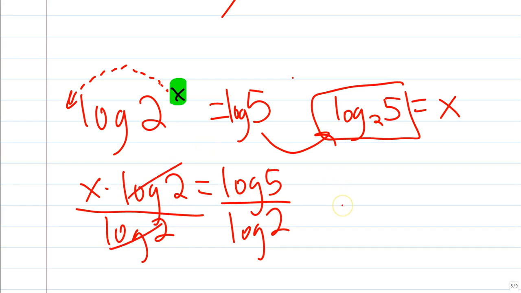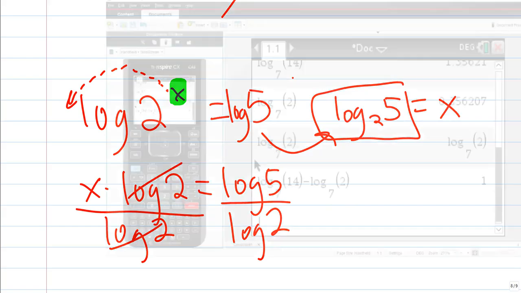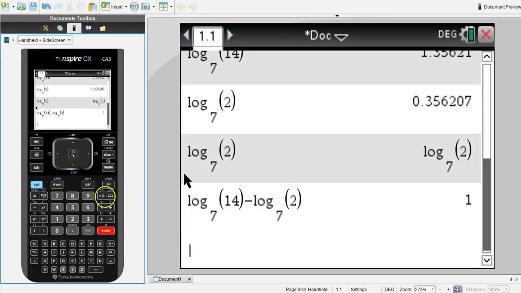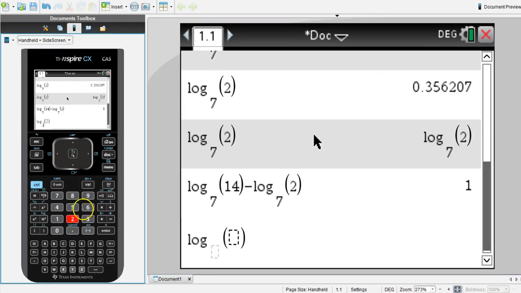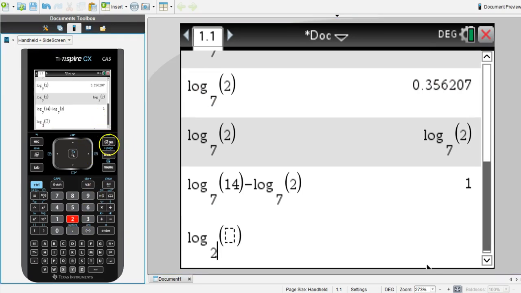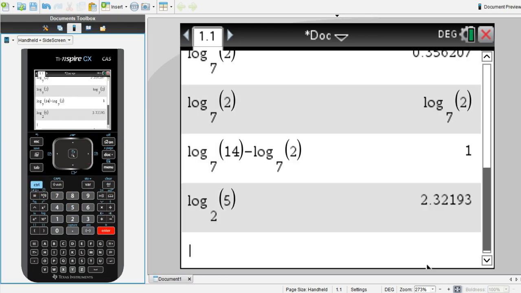I can say log base 2 of 5. Or the other way we got the answer, if you just have a log button that doesn't have a base, we got it as log base 10.